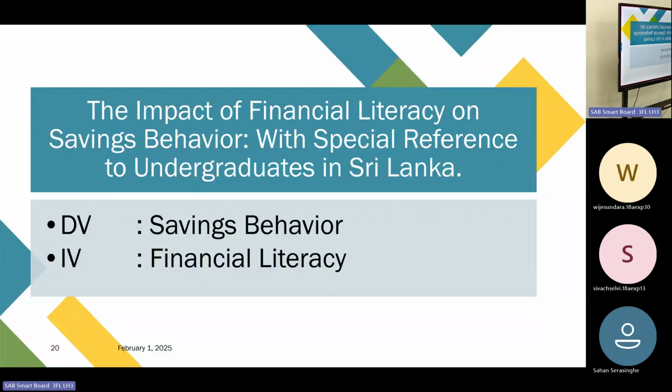Read the topic. What is the impact of financial literacy on saving behavior? Another way of forming your research topic, right?